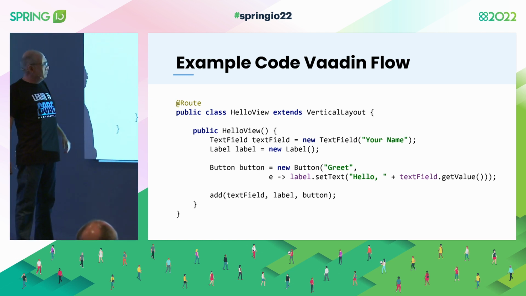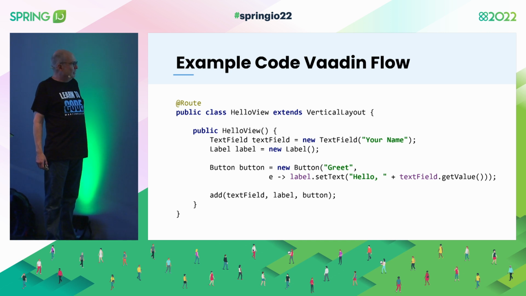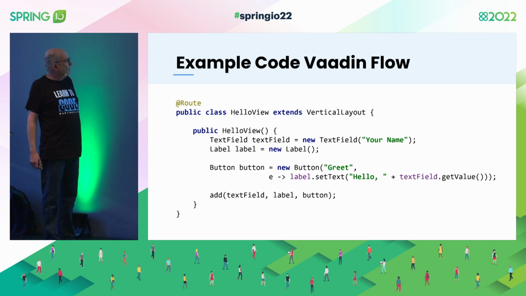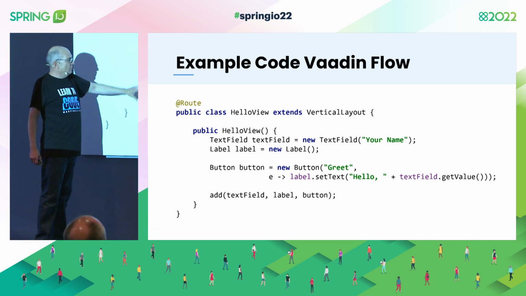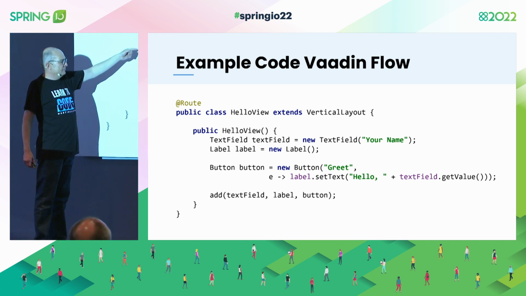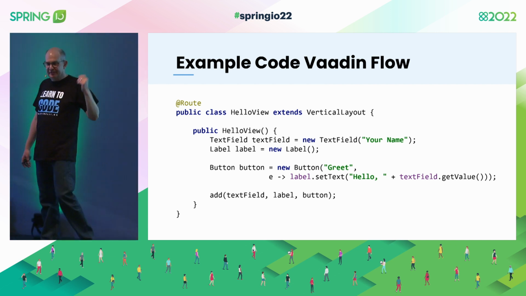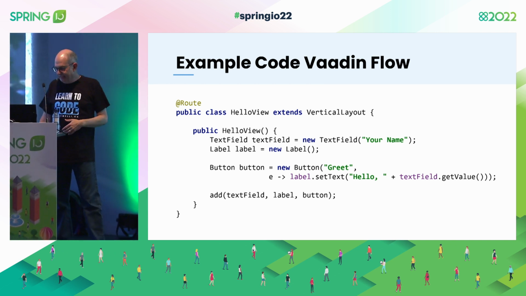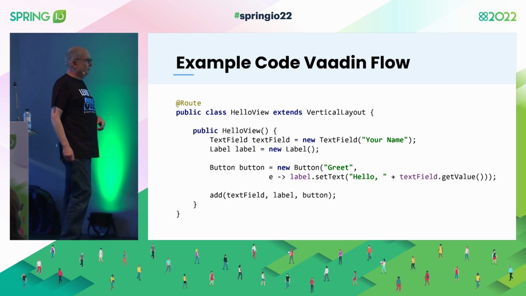That's a view. So the view is like a page in your application. And what we see here in the constructor of this class, we have a text field, a label, and a button. So that looks like Swing, right? Everybody who has worked with Swing or AWT feels familiar with it.